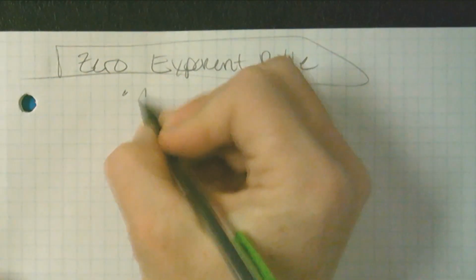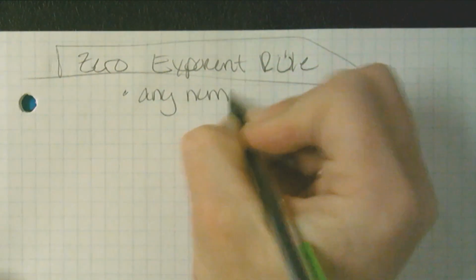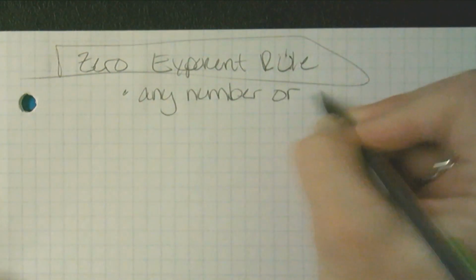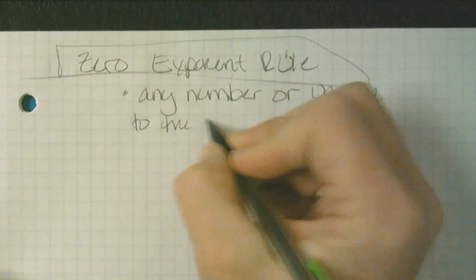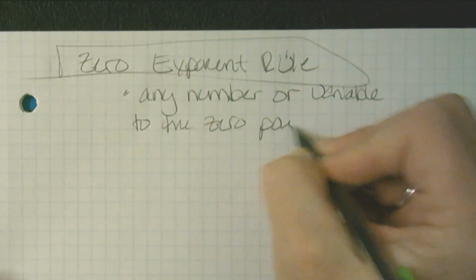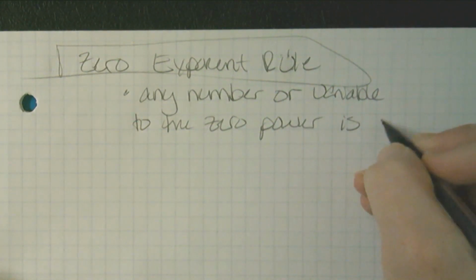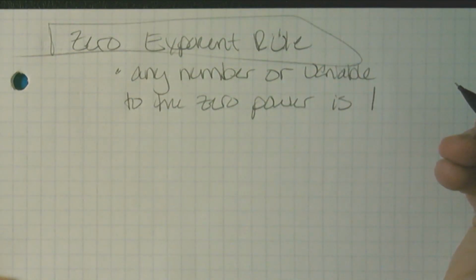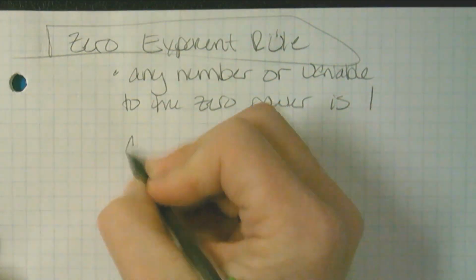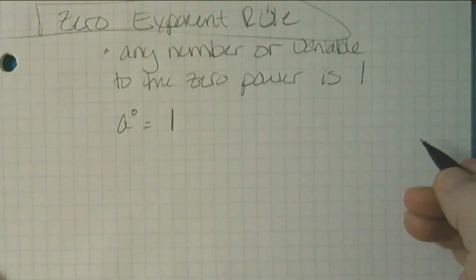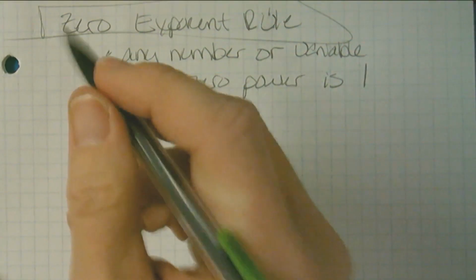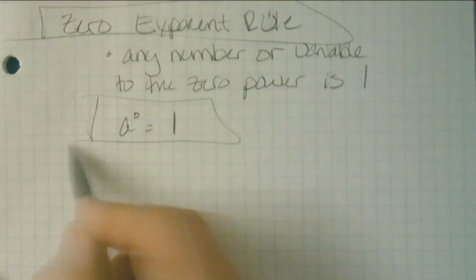Any number or variable to the 0 power is 1. So a to the 0 power is 1. All right, so that's my zero exponent rule.